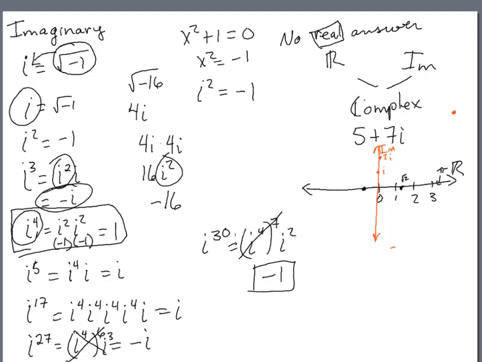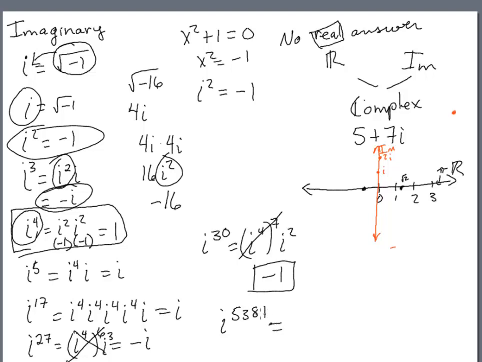Some of you may like to do this with remainders. If you take 30 divided by 4, remainder 2, that's the answer. I'll do one more. i to the 5,384. No, that's too easy. i to the 5,381.